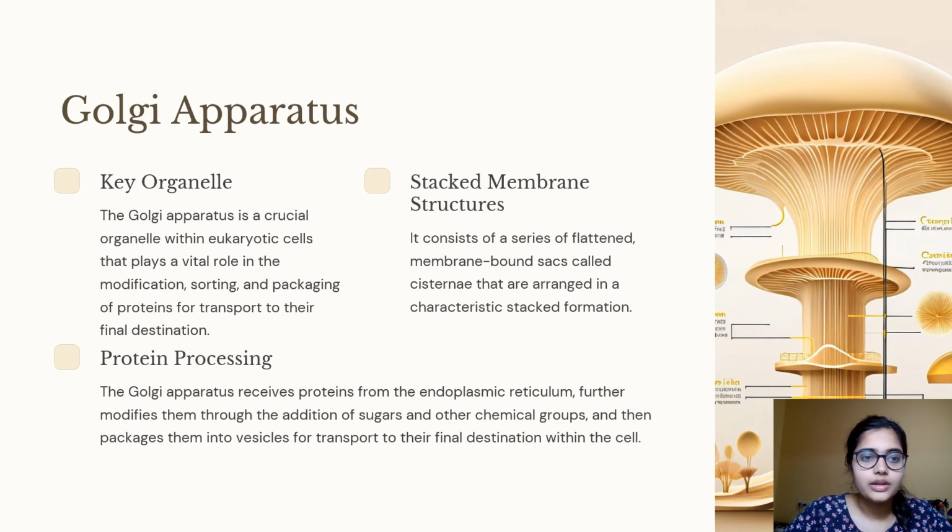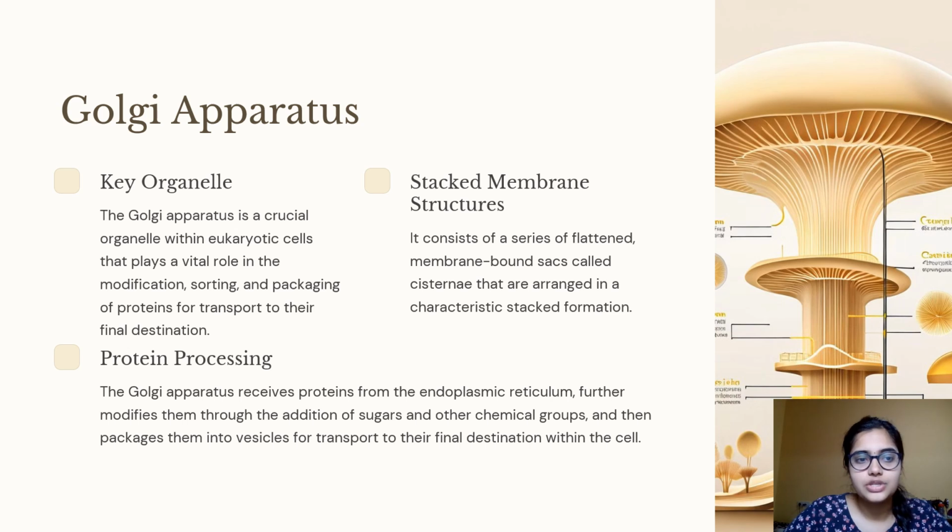Next is the Golgi apparatus, the key organelle. The Golgi apparatus is a crucial organelle within eukaryotic cells that plays a vital role in the modification, sorting, and packaging of proteins for transport to their final destination.